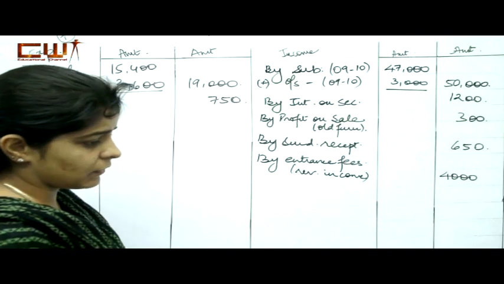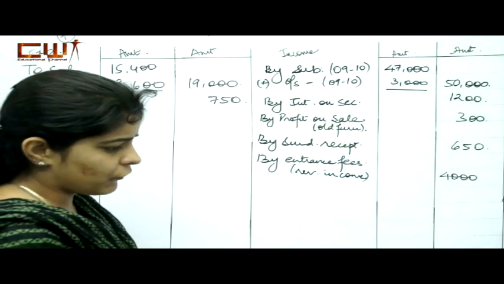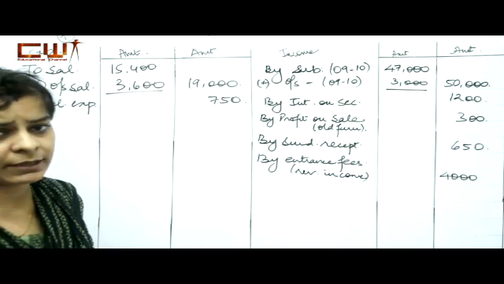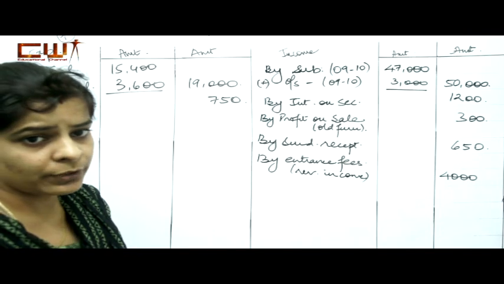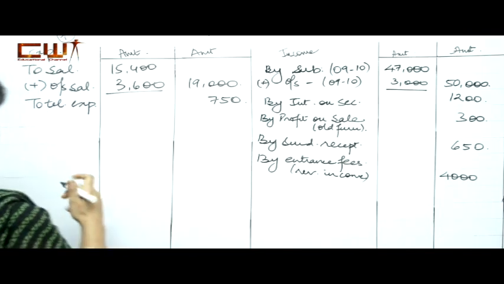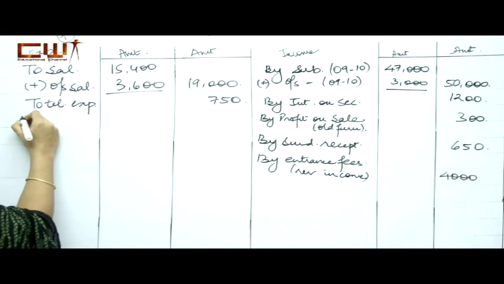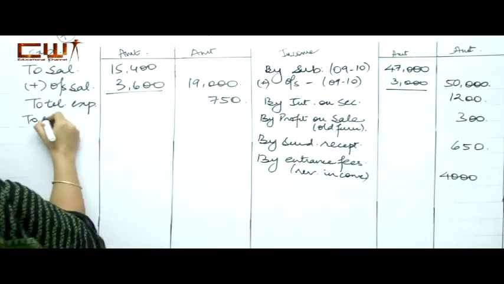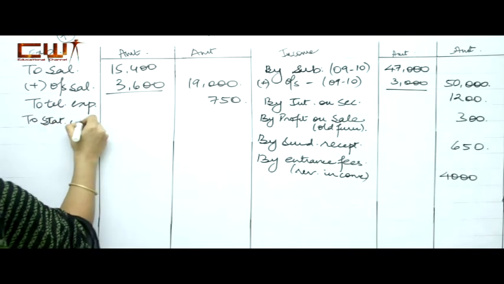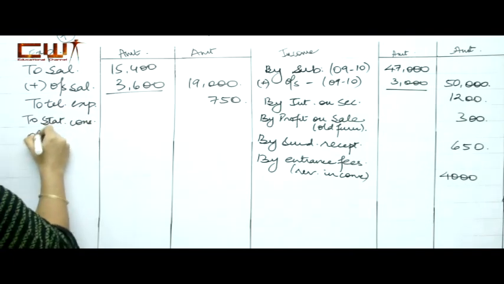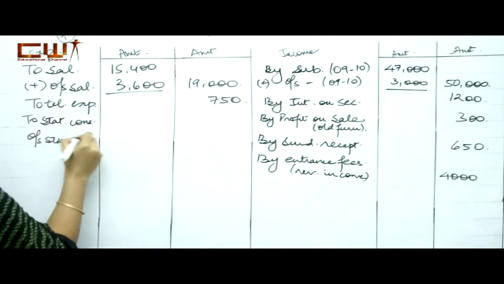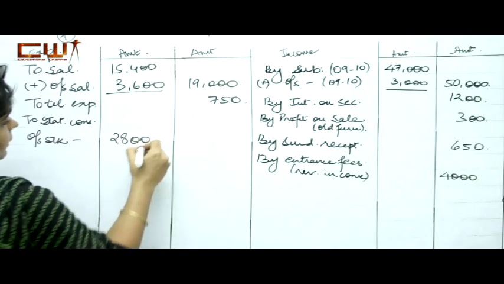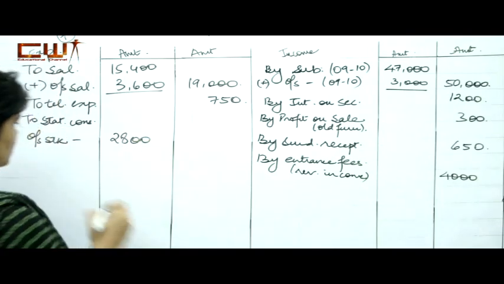Next they have given the sports material consumption calculation. See, they have given you the calculation for the stationery, then interest on overdraft. There are certain items they have given to you, so you are going to make the calculation. First we will see for the stationery what they have given. To stationery consumption, you will have the opening stock, that is 2,800, right? Then you will have the purchases.